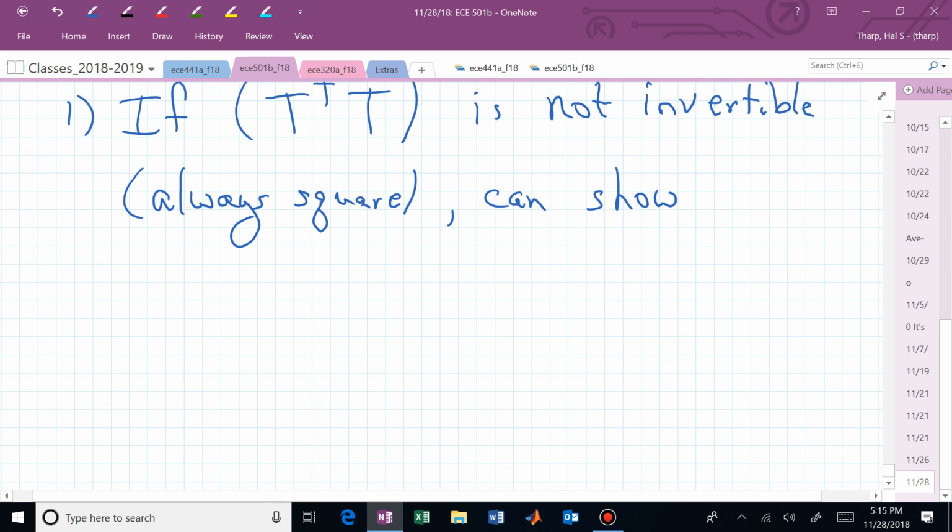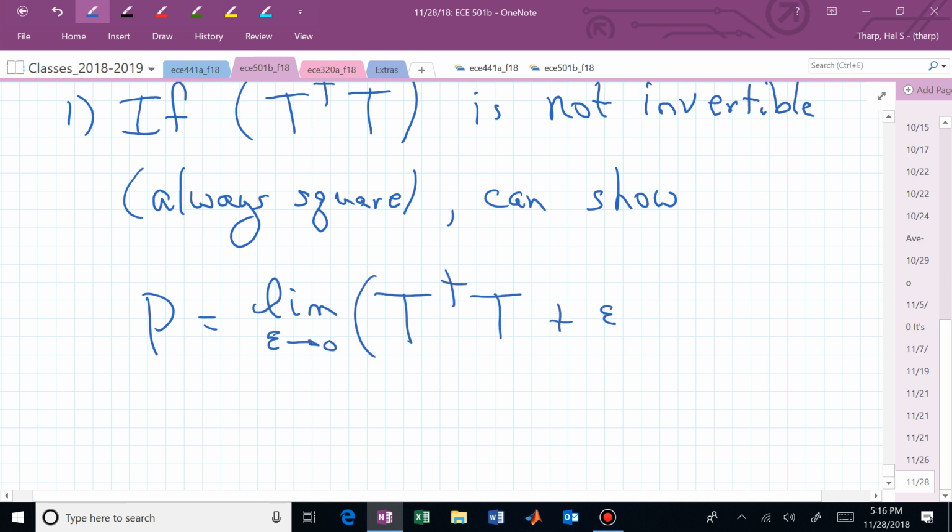We can actually show that P equals the limit as epsilon goes to 0 of T dagger T plus epsilon I, inverse, times T dagger. So we can pick a small epsilon, multiply it by the identity. That's going to give us a non-zero eigenvalue.